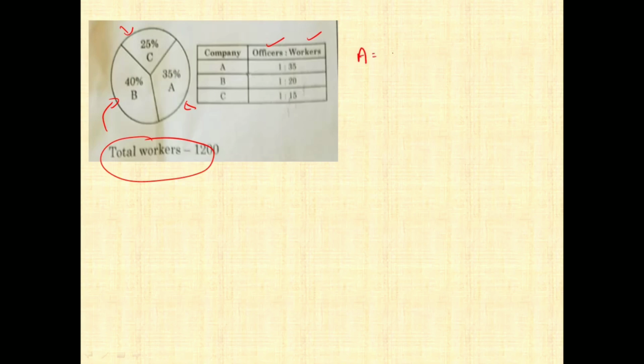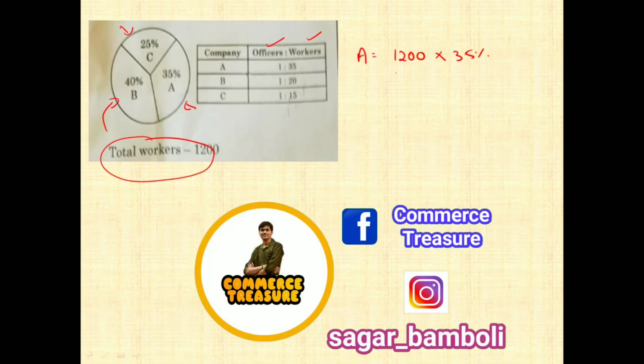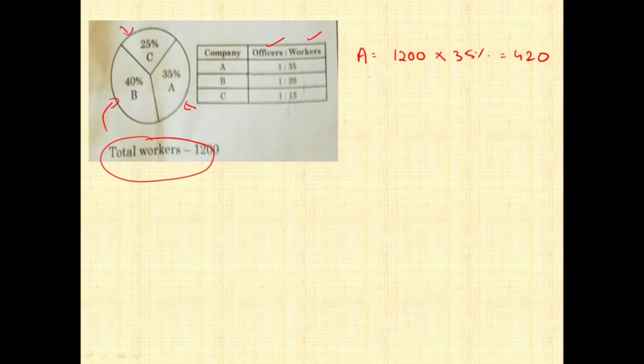If you see, in company A, 1200 is the total workers and it had 35%. So 10% is 120, 20% is 240, 30% is 360 and 5% is 60. So altogether it is 420 workers who work in company A. Now the ratio between officers and workers is 1:35 in company A. So 1:35 means that 35 out of 36 are the workers, which is equal to 420.